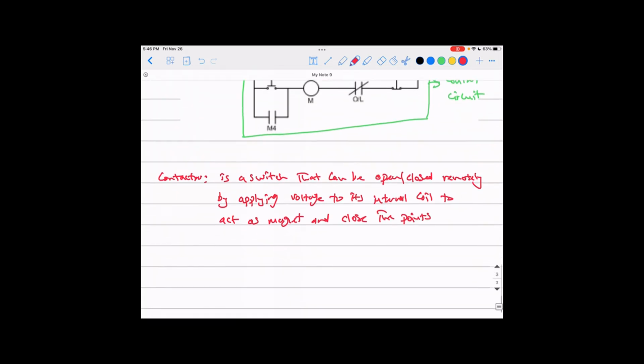Easy as that, guys. So you're talking about something inside this contactor, like here, just a coil like that.